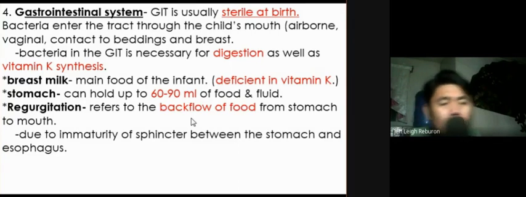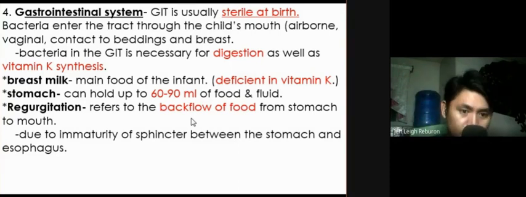Remember po na yung regurgitation, it is common for neonates. Common po ito sa mga neonates. Bakit? Because of the immaturity of the sphincter between the stomach and the esophagus.